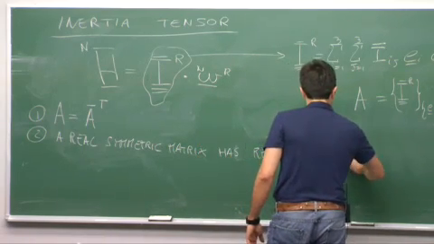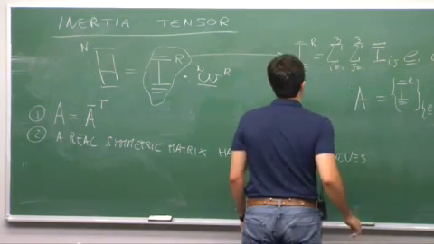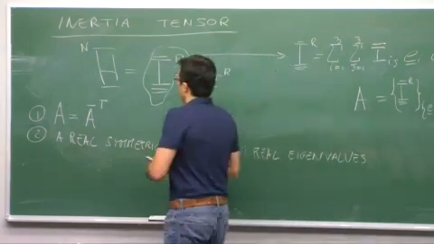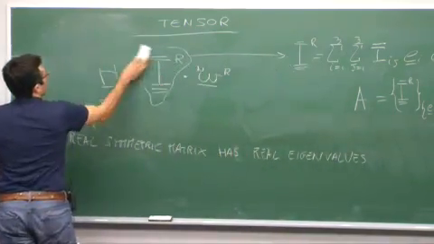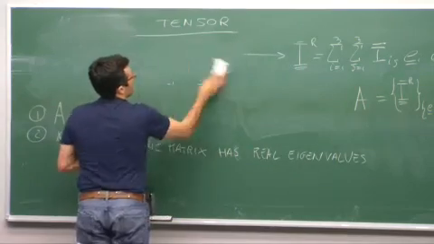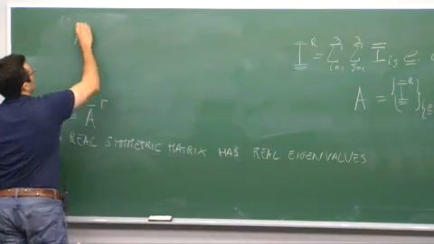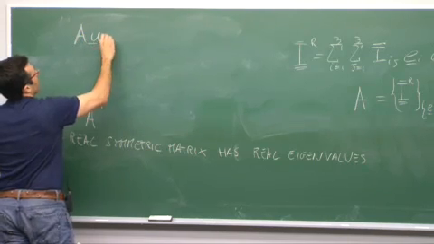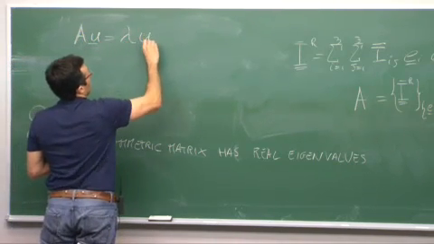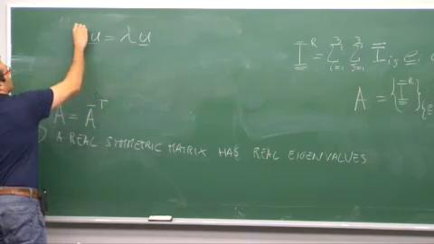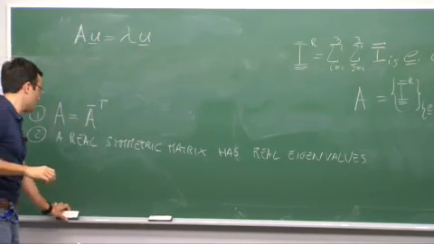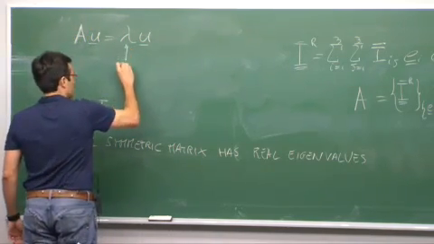Do we know what eigenvalues are? I assume we do. But let's just spell it out. So given a matrix A like that, an eigenvalue is in general a complex number that satisfies this expression here. So this is your eigenvalue.